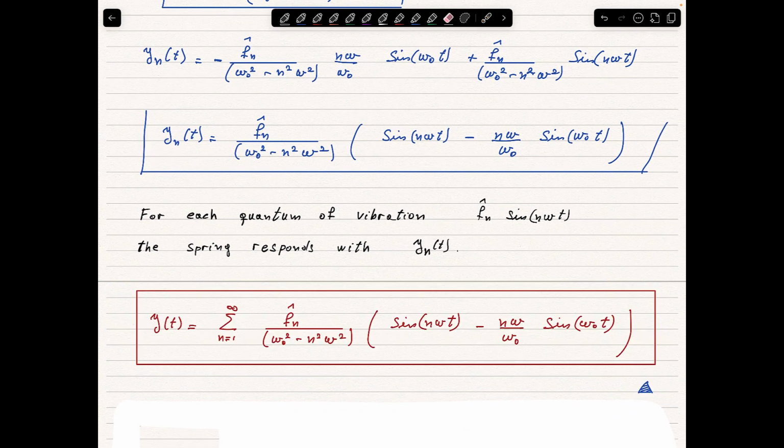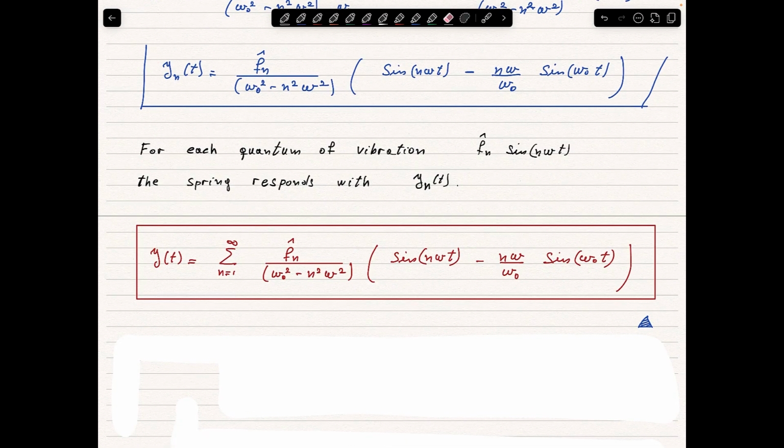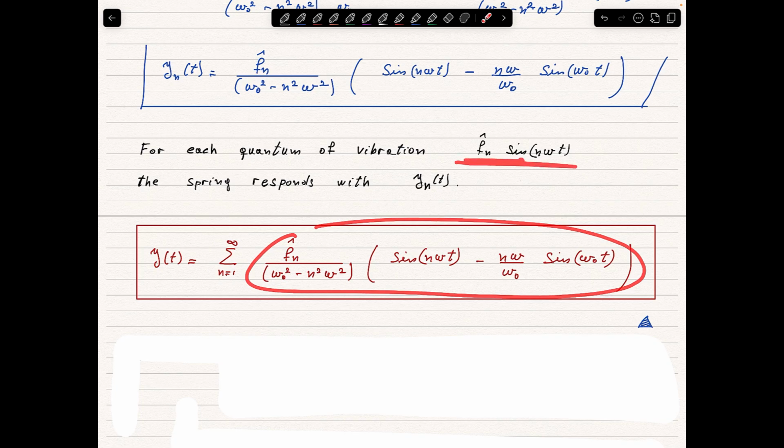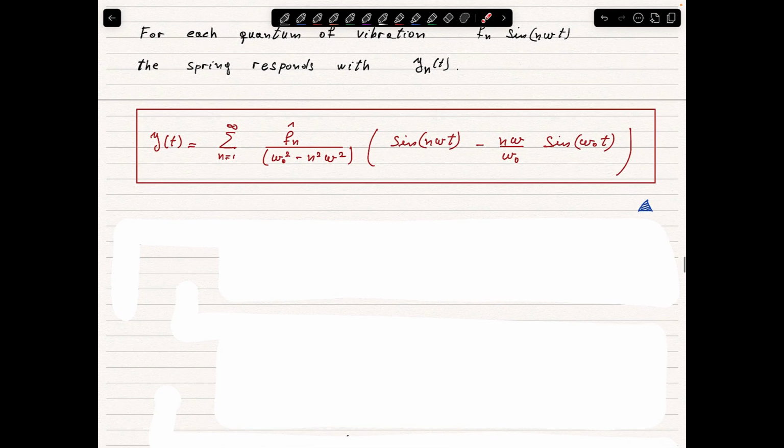That is going to be the total solution. The addition of the individual responses for each quantum of vibration, the system responds like this. We add them up, and we have shown already in green that this is the solution. A few remarks to finish, and we are done.